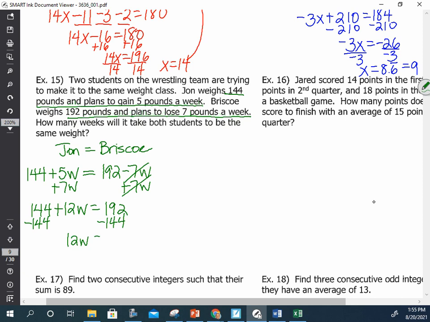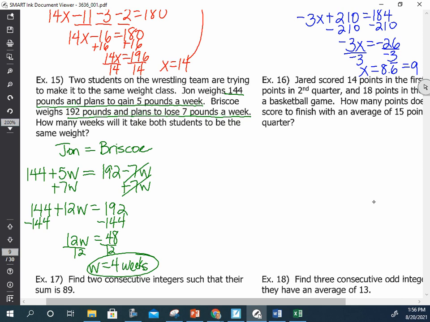So 12w equals 48. Finally, dividing by 12, w equals 4. So it's going to take 4 weeks for John and Briscoe to be the same weight as each other.